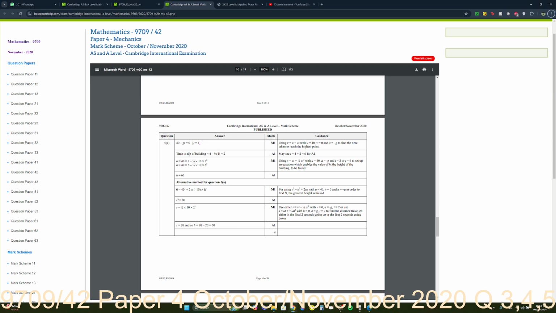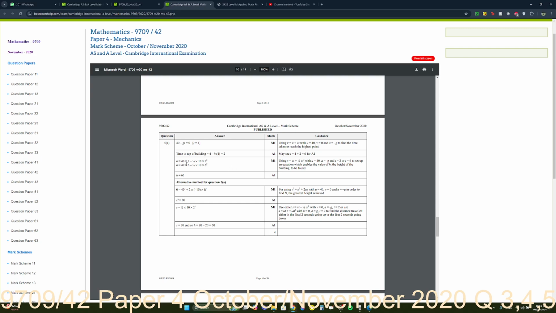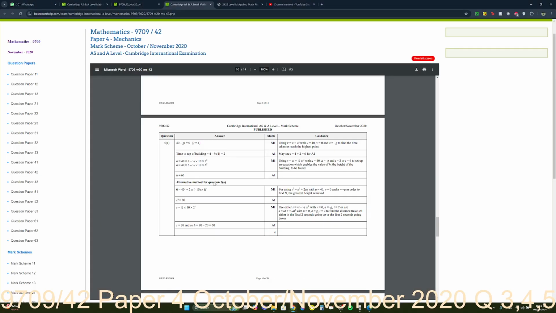Then the time from the top of the building would be 4 minus half of 4, which is 2. So it took 2 seconds to go from h to h max. Then they did y equals minus half gt squared, like we did over here. This would be 1 mark, and then 1 mark for the correct answer. Okay? There you go.